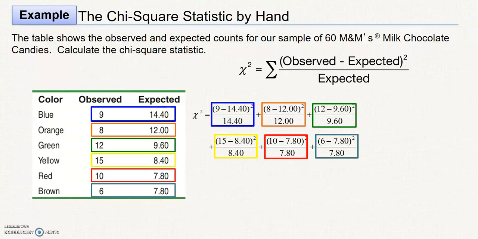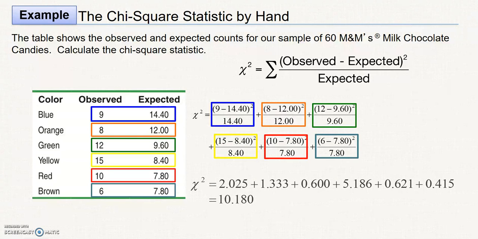We observed 8, subtract our expected, which is 12, square it, divide by 12, and you can continue this pattern. If you sum all of those, you get a test statistic, chi-squared, of 10.18.